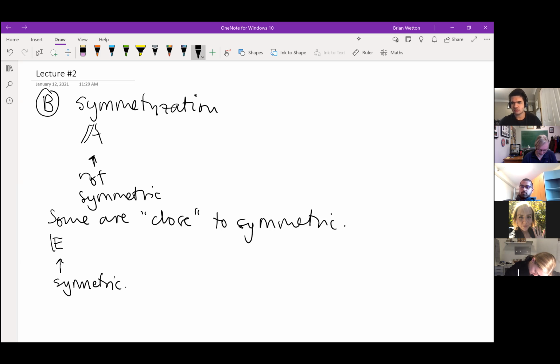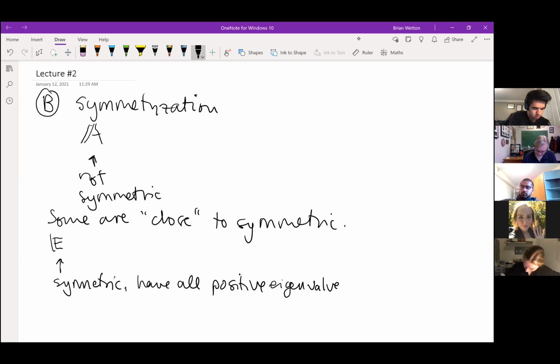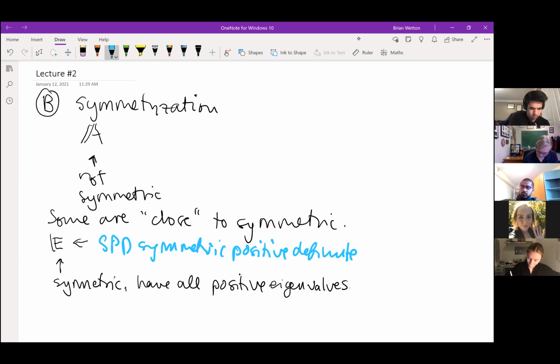Then I'm going to look at a reduced class where these have all positive eigenvalues. And that makes this an SPD, symmetric positive definite matrix.